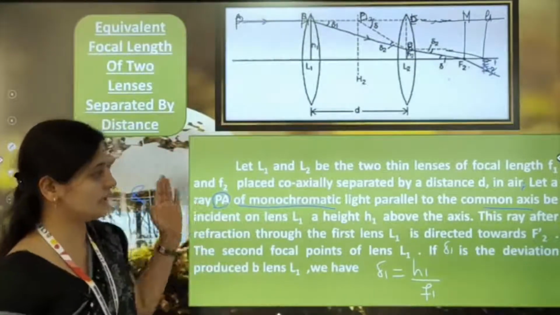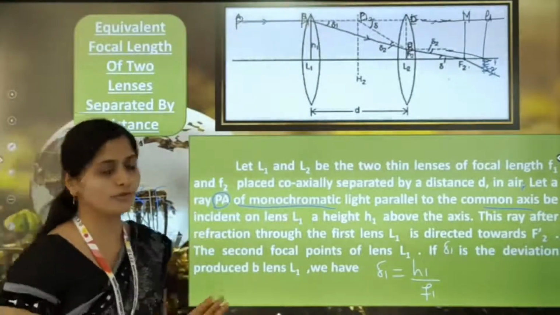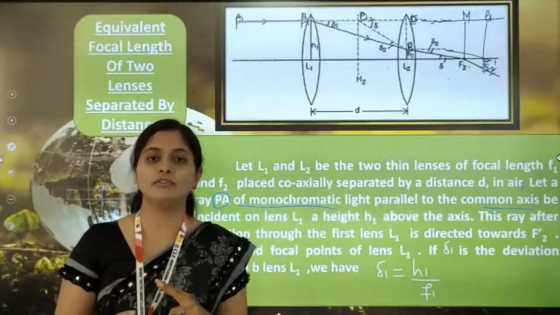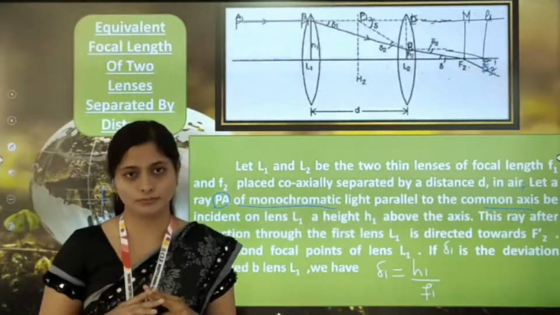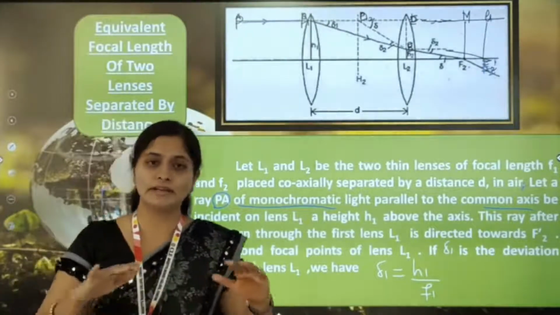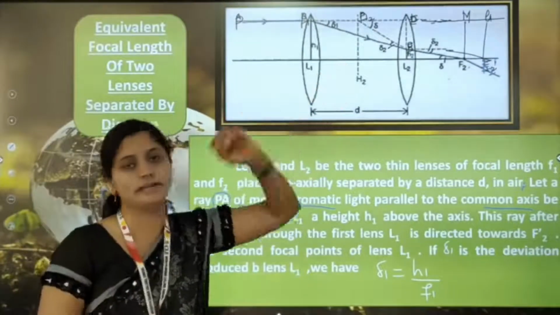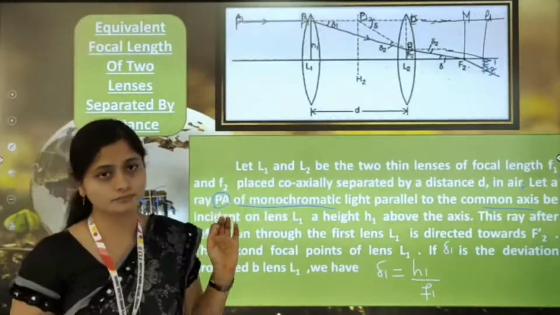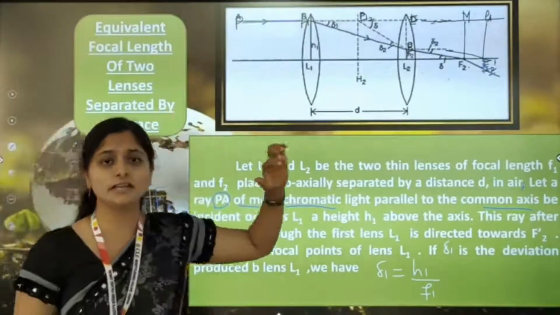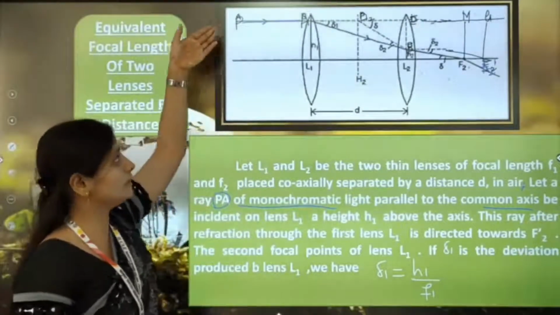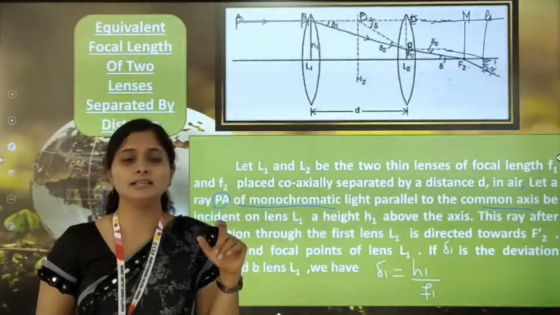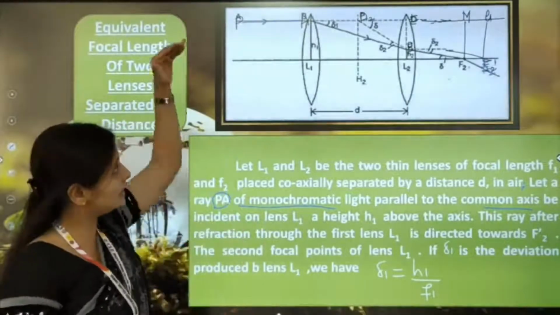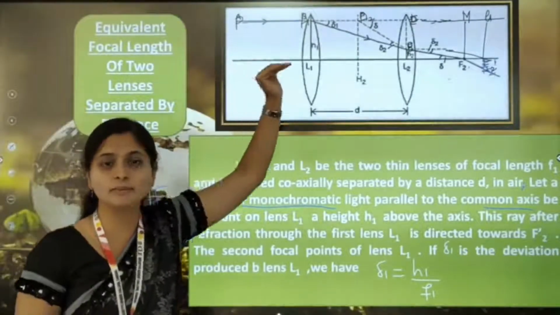In this first slide, first we take two lenses L1 and L2 with focal lengths F1 and F2, separated coaxially by the distance small d, in air medium. From P we send a monochromatic light, giving the incident ray PA, which is parallel to the principal axis.